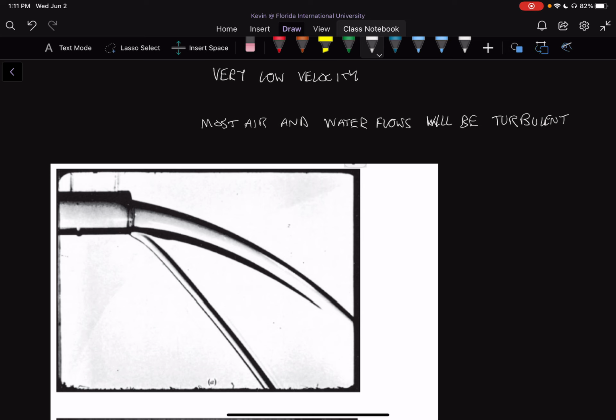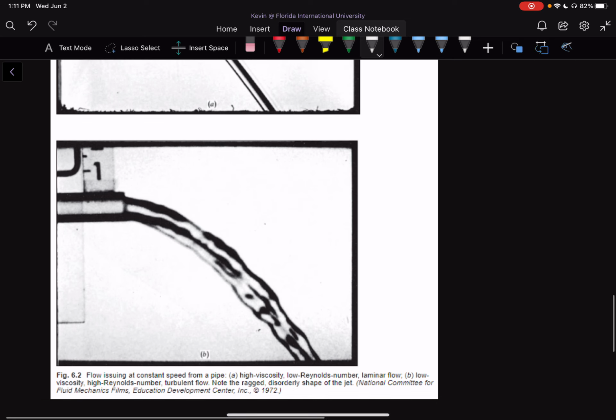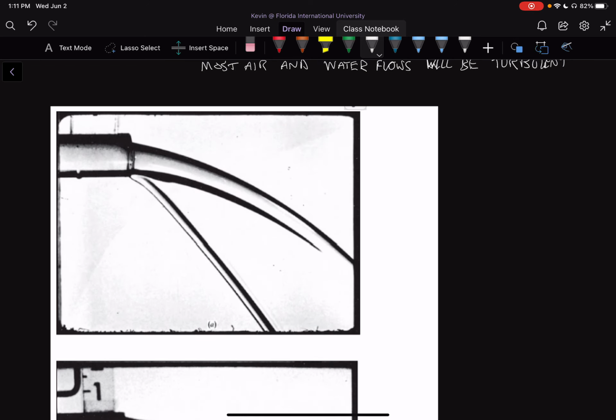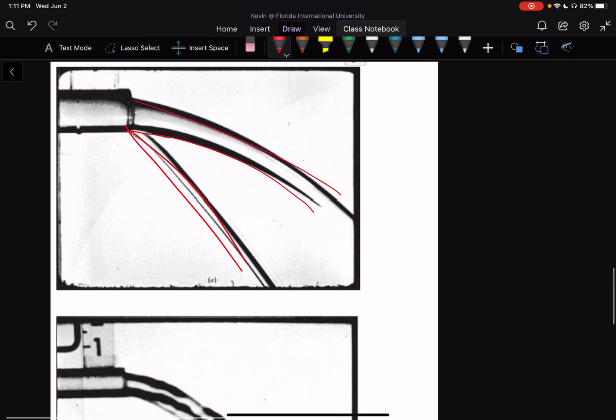Okay, so here's an example of what laminar flow would look like, with a high viscosity, low Reynolds number flow coming out of a pipe. You see you have two nice smooth streams of water coming down and coming out, and the flow is very smooth, very laminar.